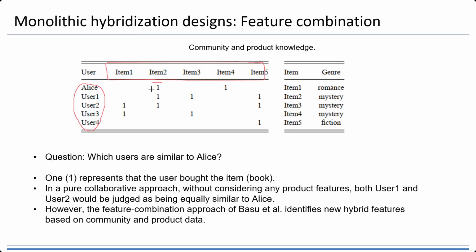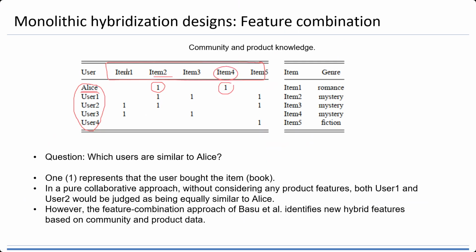So for example, in this case, Alice bought item two. Here, Alice bought item four. So I want to recommend which item Alice will buy in the future.